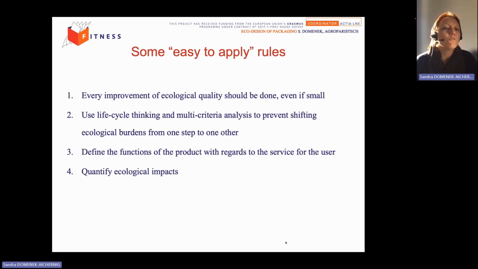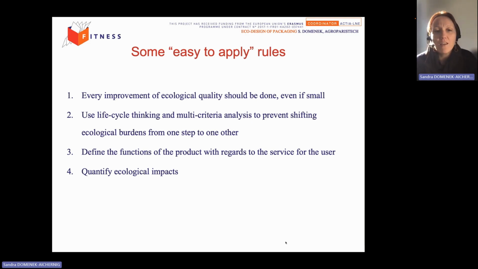There are some easy-to-apply rules. The first one is: whenever you can do an ecological improvement, do it, even if it's small. It should not prevent you from doing the big movement also, but when it is quite easy and well done to do even a small step, then do also the small step.